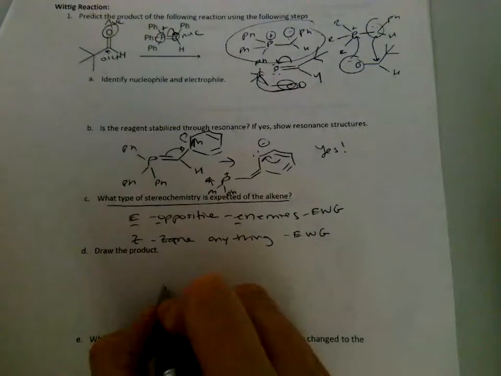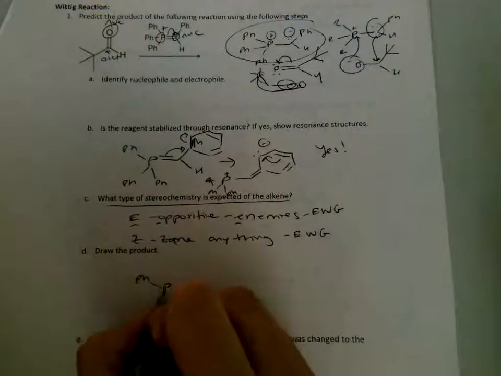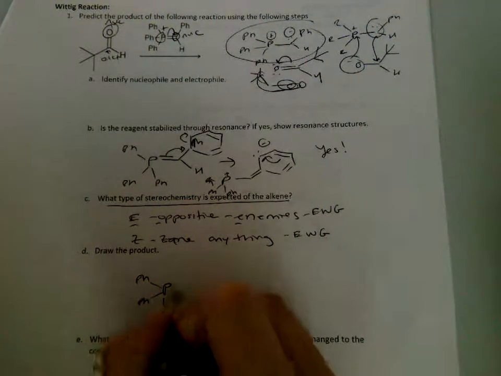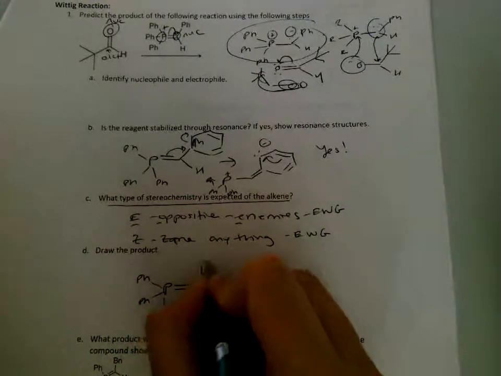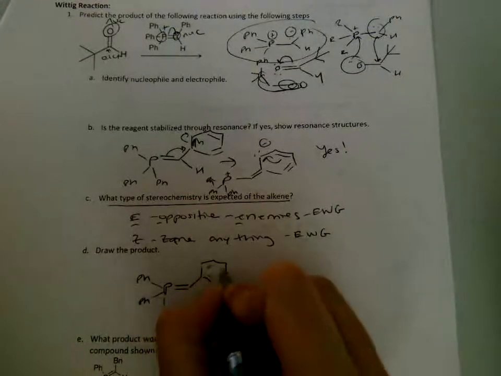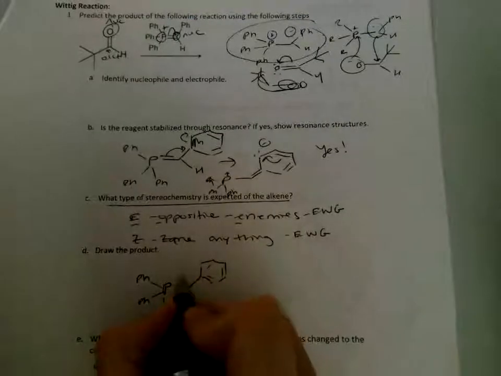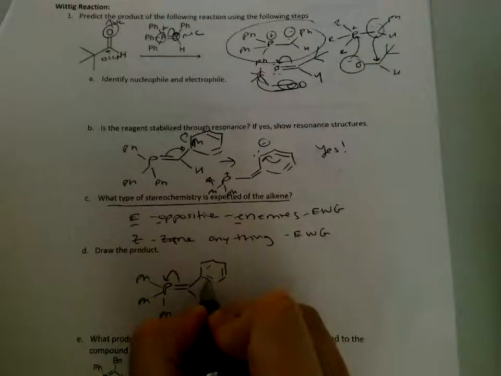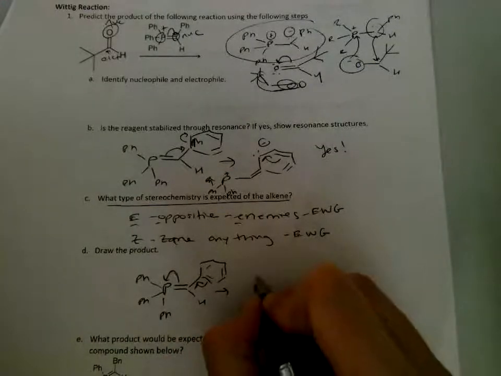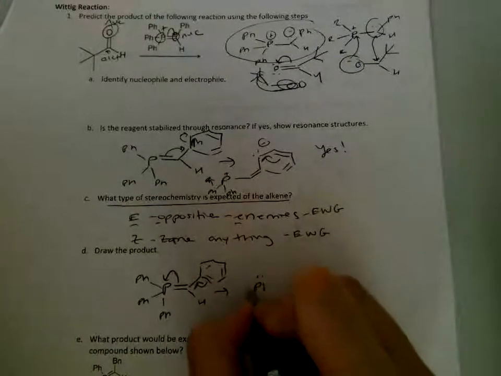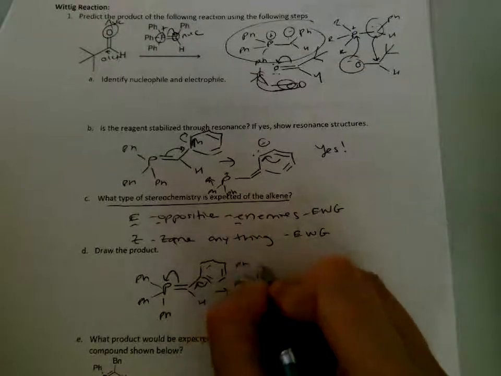If you had this structure, this could go over here and this could come down, and you would get a negative charge here. Phenyl, phenyl, phenyl. This would be negative.